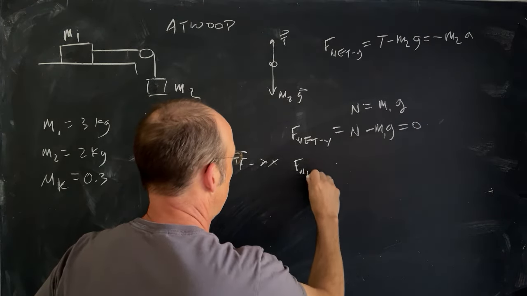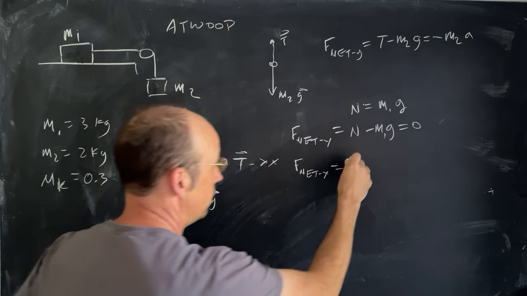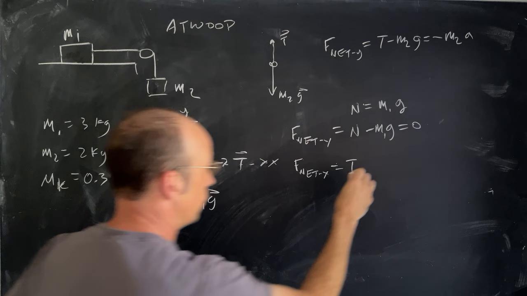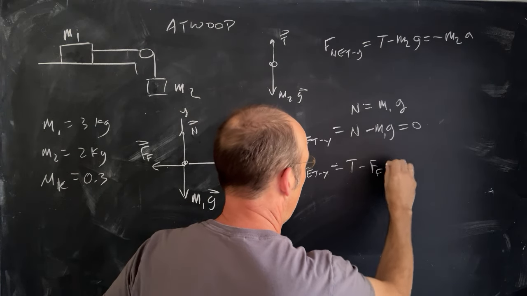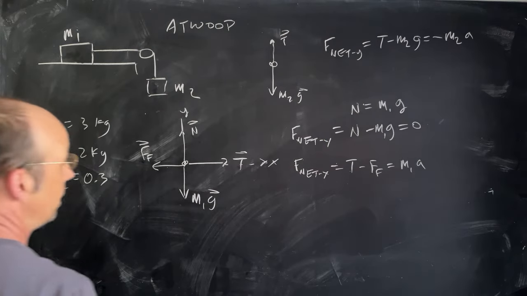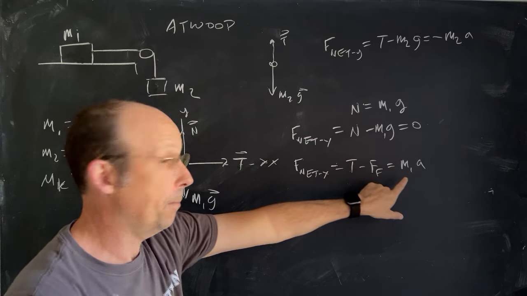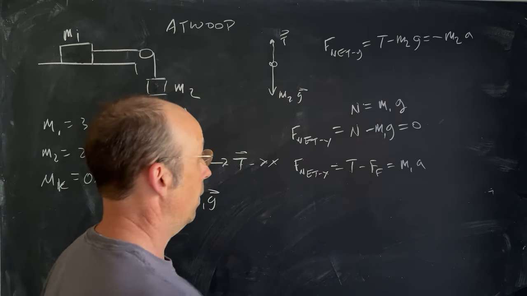Now I can go over in the x direction. F net x is going to be equal to the tension minus the friction force, and this is going to be equal to m1a. I'm assuming it accelerates in the positive x direction, so this is a positive number, but it has mass m1 right there.